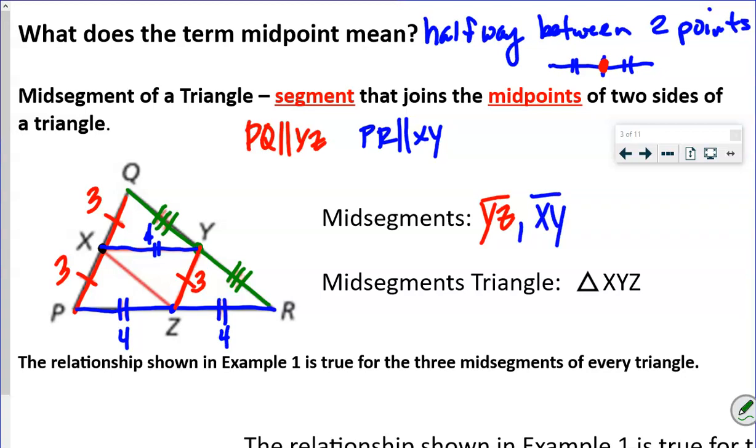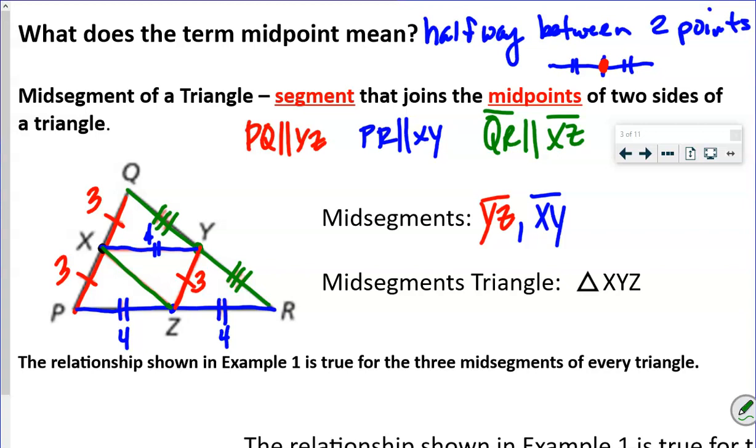Okay, then our last one, notice we got QR. Again, the midpoint of that is Y, and then we got QY is congruent with YR. So again, the parallel side, we have that QR is parallel to what? XZ, right? Okay, those are parallel.